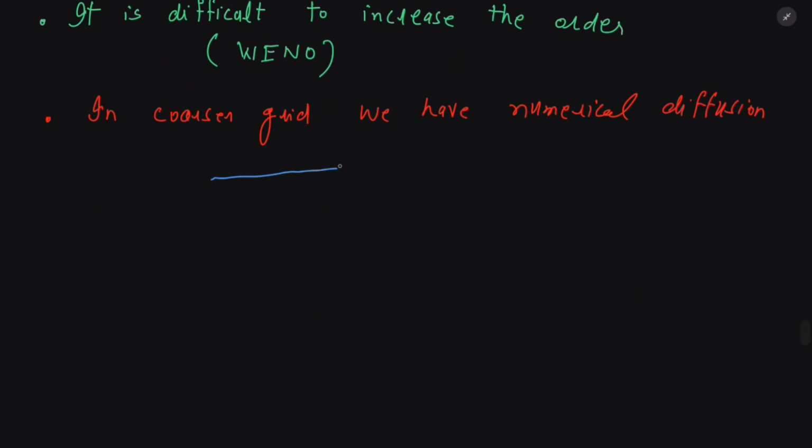For example, if we have an exact solution like that, and there is a diffusion coming from the numerical method, then probably we have something like this. Such a gap like this is called diffusion. Why do we call it numerical diffusion? Since it is coming from the numerical methods.